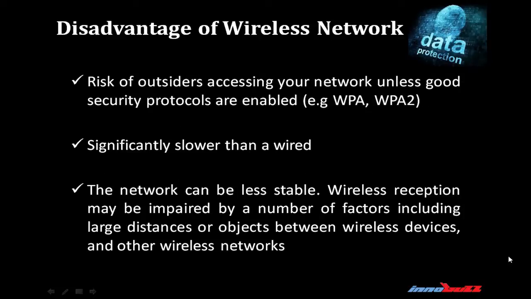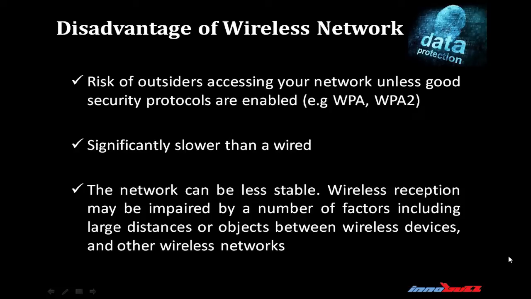It is very important to be aware of the disadvantages of wireless. Let's take a look. In a wireless system, there is a risk of outsiders accessing your network unless you use a good and secure security protocol, for example WPA and WPA2. Second disadvantage is that wireless is significantly slower than the wired network.